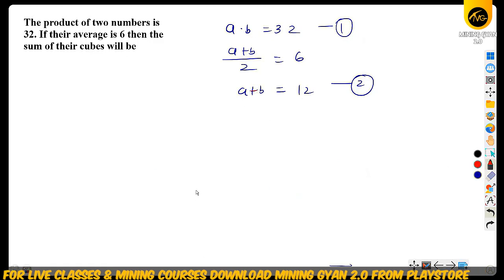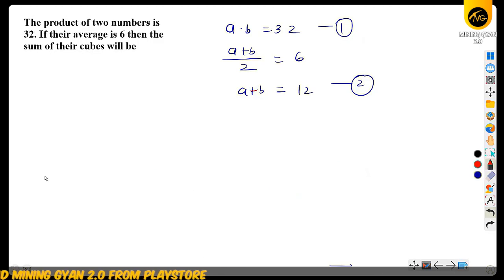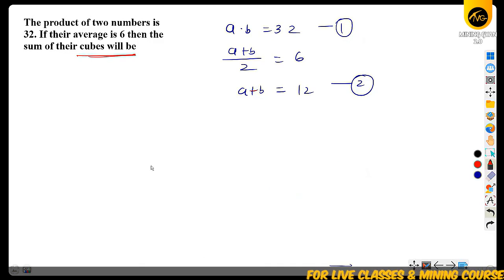We can directly use any formula where we have the product value of A and B. A square plus B square plus 2AB. Okay, we have to find the sum of their cubes, so we have to use a formula in which the cubes are available.